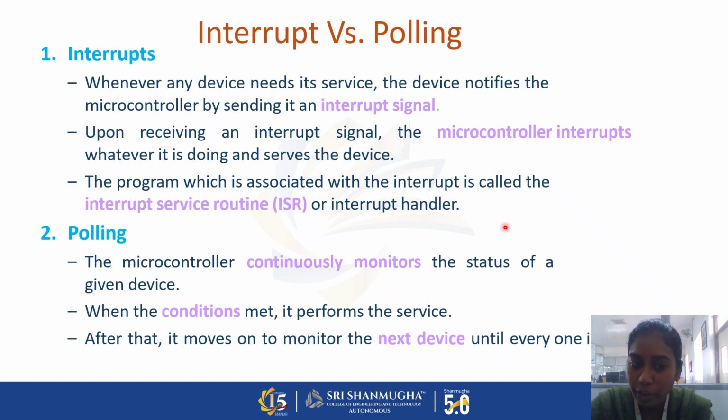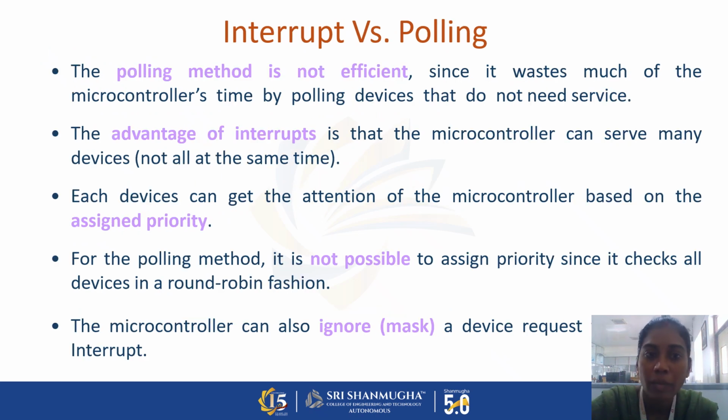Due to that, the microcontroller wastes its time by continuously monitoring. When the condition is met, it performs the service, and after that it moves on to the monitoring duty again. Every time, whichever device needs service is immediately given service. The polling method is not efficient because of wasted time.